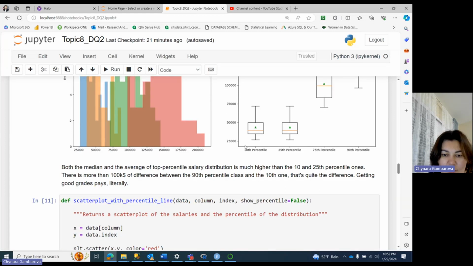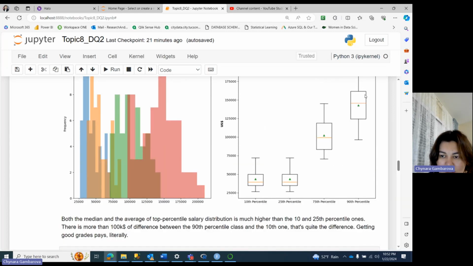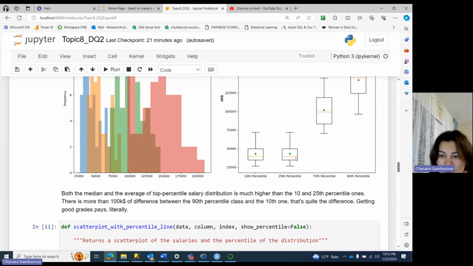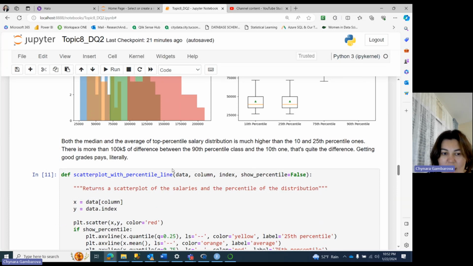Both the median and the average of the top percentile salary are much higher than those of the 10th or 25th percentile. There is more than a $100,000 difference between the 90th percentile class and the 10th one. That's quite a big difference, which means getting good grades literally pays off eventually.